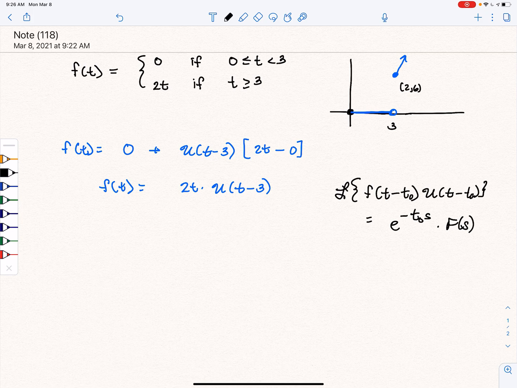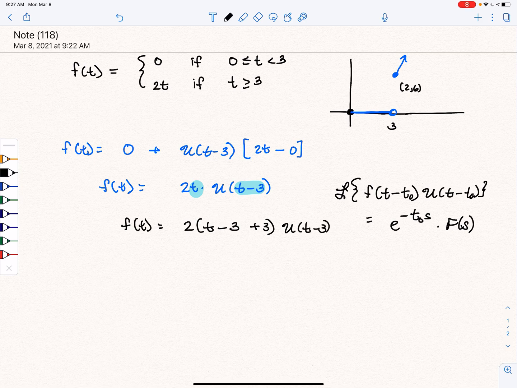So what we need to do is make sure that this and this are both t minus 3s. There's a couple ways of doing this. I'm going to just do this the old-fashioned way. I'm going to say that f of t is equal to 2 times t minus 3 to match with the shift of t minus 3, and then add 3.